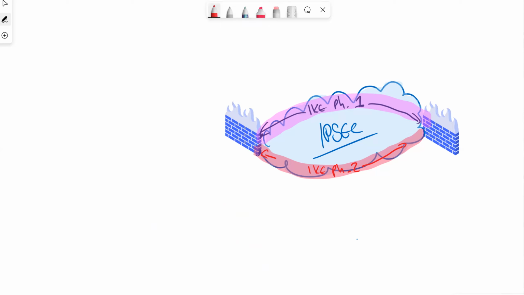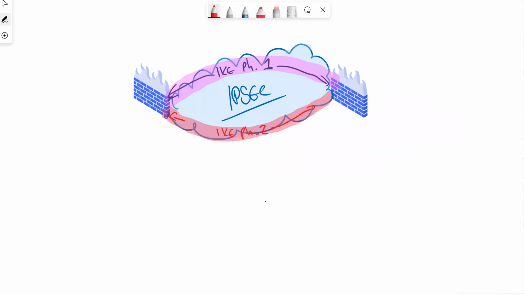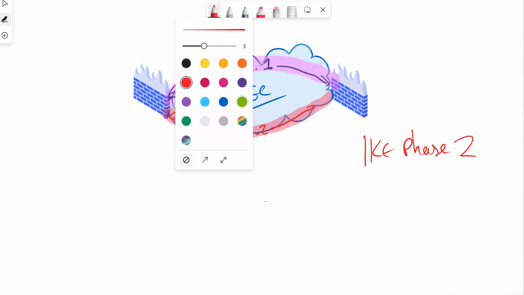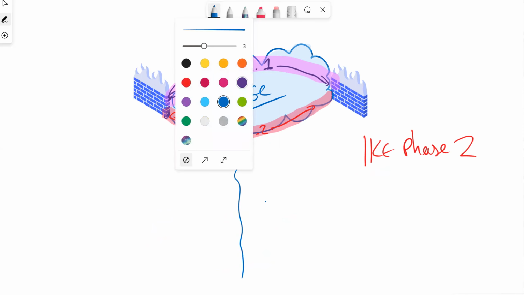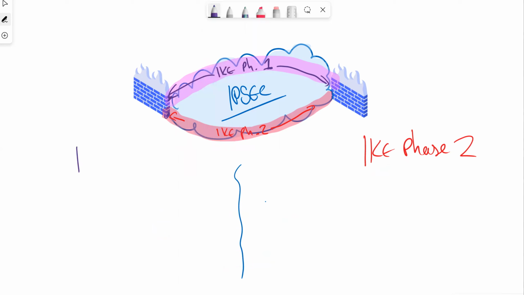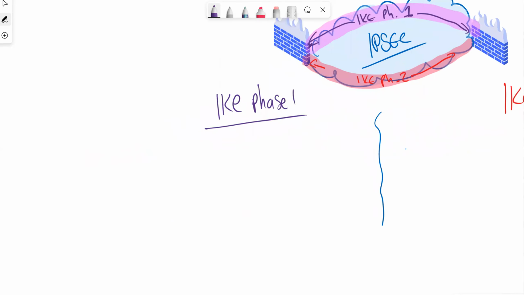The red is going to be our IKE phase 2, and this is how they're going to negotiate. I'll draw a line down the middle in a neutral color so we can see the difference. The purple over here will be our IKE phase 1. It does this very simply with a couple of things, and this is probably the easiest way to remember it.